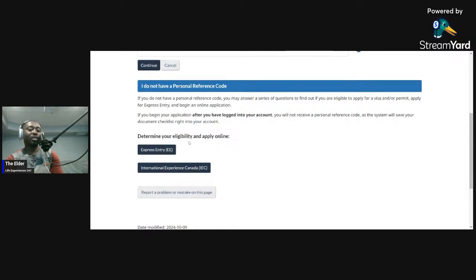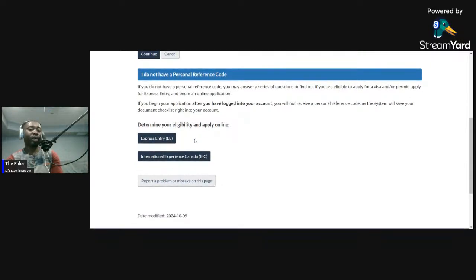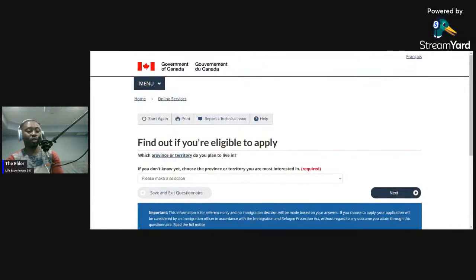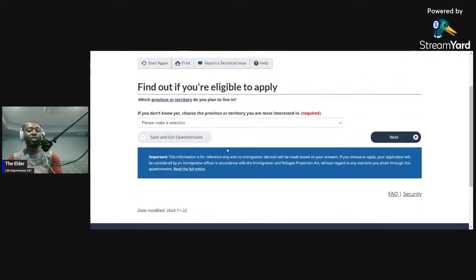So they now ask, which one are you applying for? I am applying for Express Entry. So determine your eligibility and apply online. So I click Express Entry. That is what I want to apply for. So they now take you through a series of questions to know if you are actually eligible for it. So the first question is, if you don't know yet, which province or territory do you plan to live in?